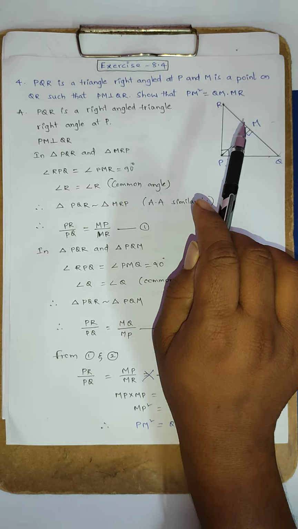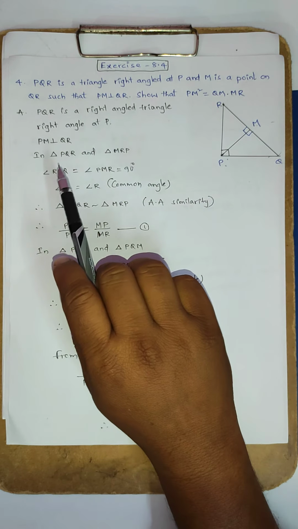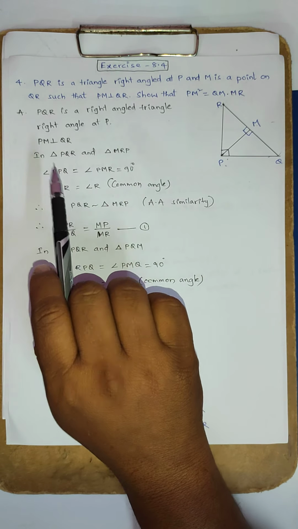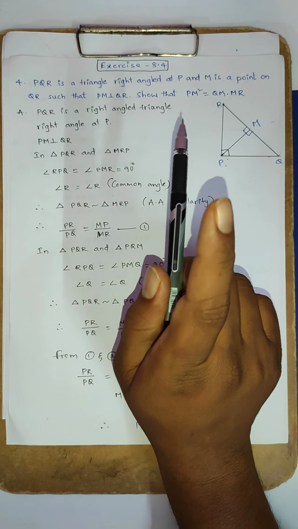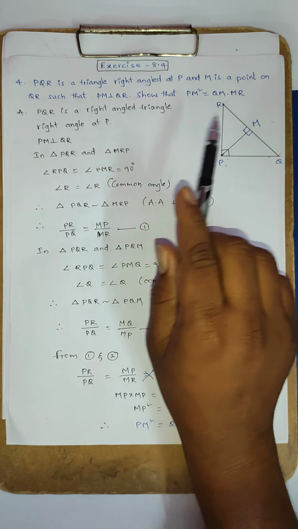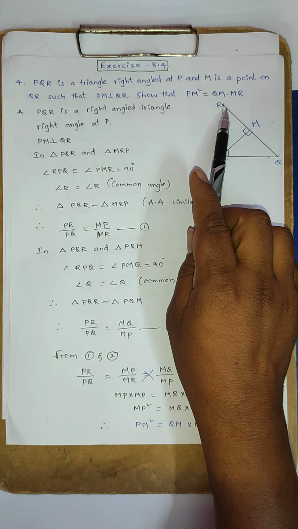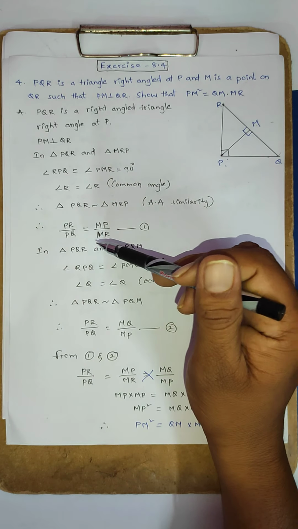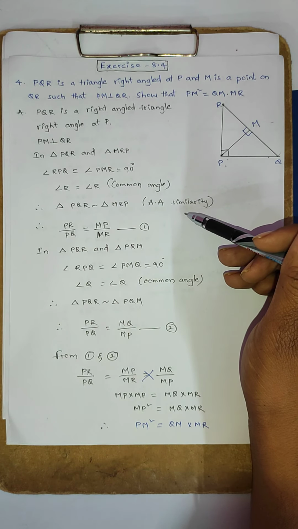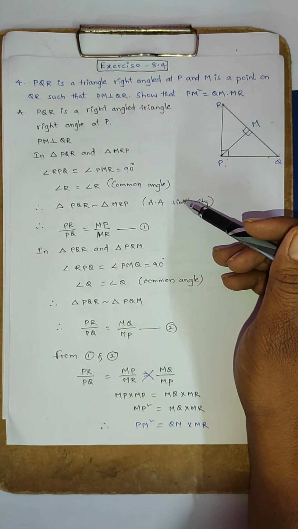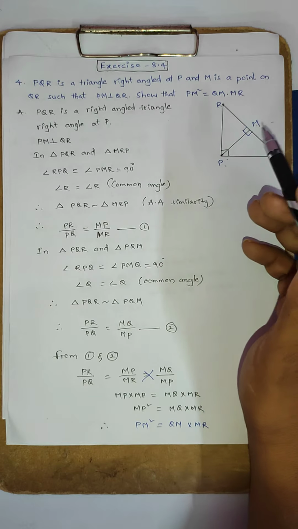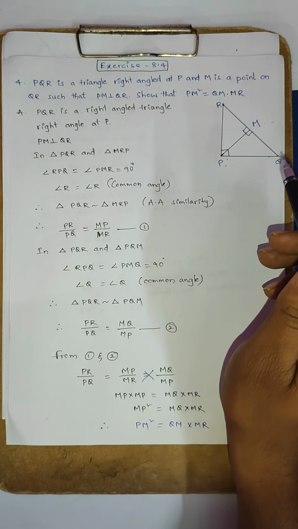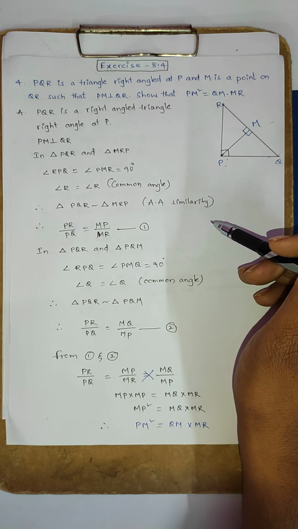Here we are observing two triangles. In the two triangles, one angle is 90 degrees, and angle R is common in both triangles. So using angle similarity, we confirm that these two triangles are similar to each other.